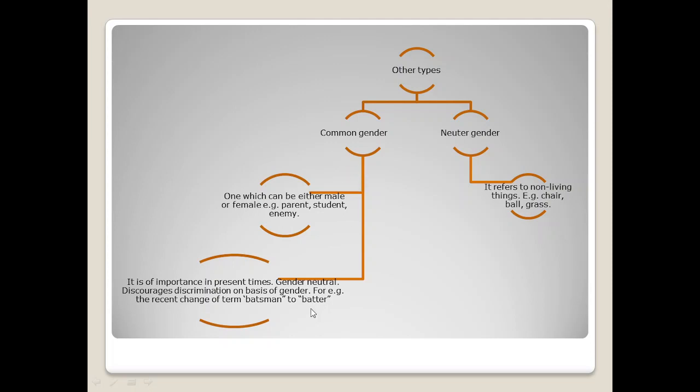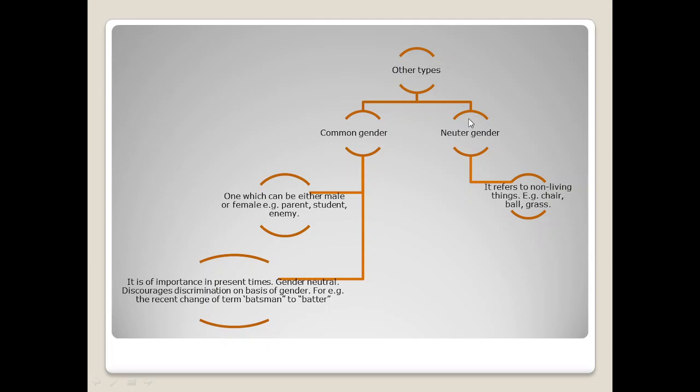For example, in the sport of cricket, the one who is batting was earlier called batsman, but nowadays, being conscious of women's sport, women playing cricket also, the word batsman has been discouraged, and in its place batter is used to signify common gender, to give respect and equality to both genders. So you should understand this because nowadays it's important.